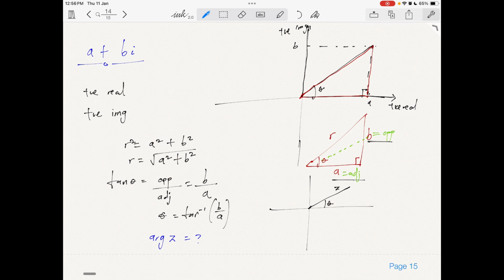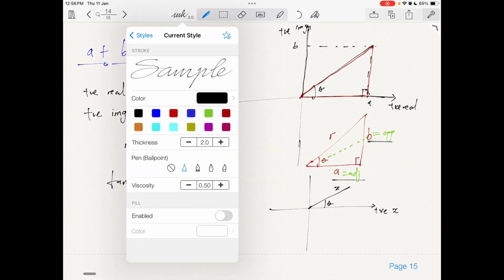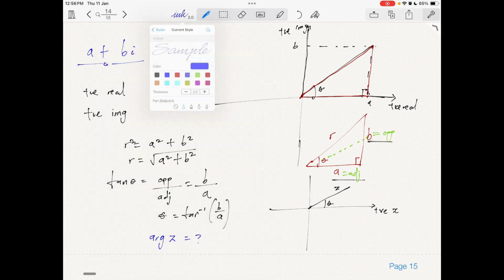Argument Z starts from the positive x-axis, or let's say the positive real axis. Now, if argument Z is read in that direction, we can see up to the point that is being measured, so this is our argument Z.